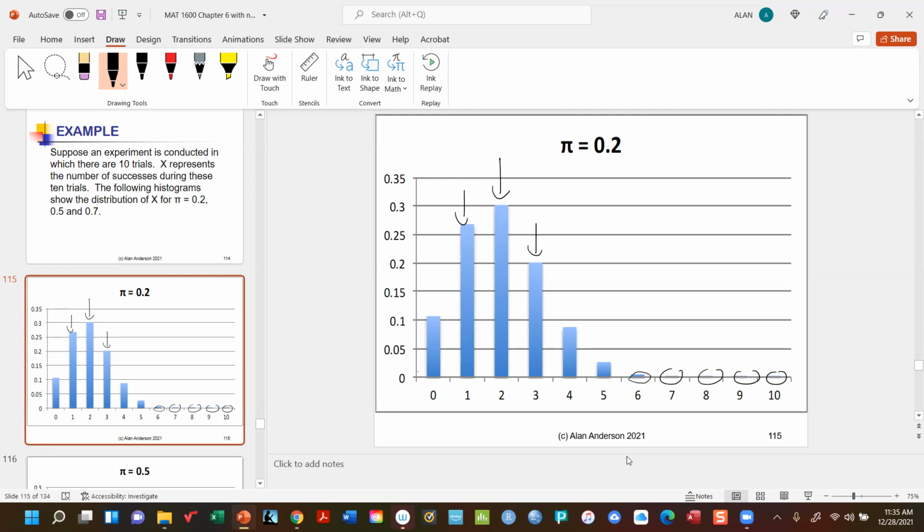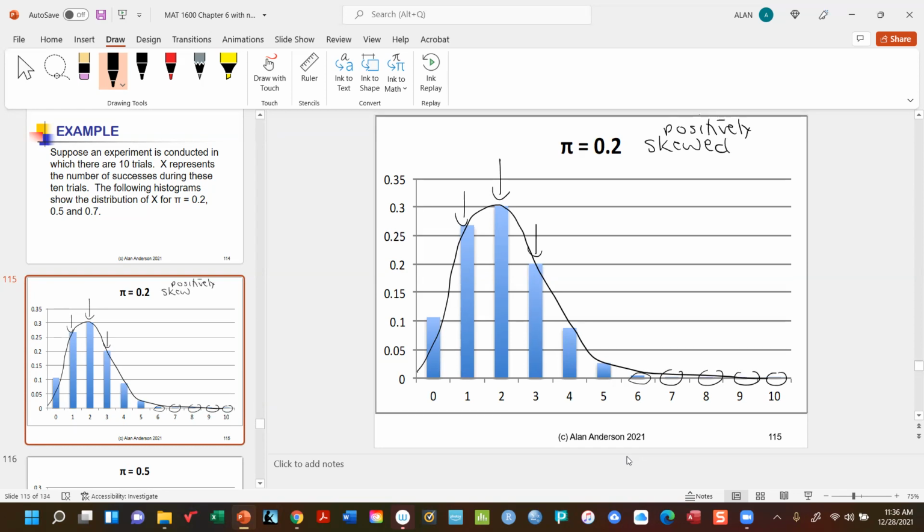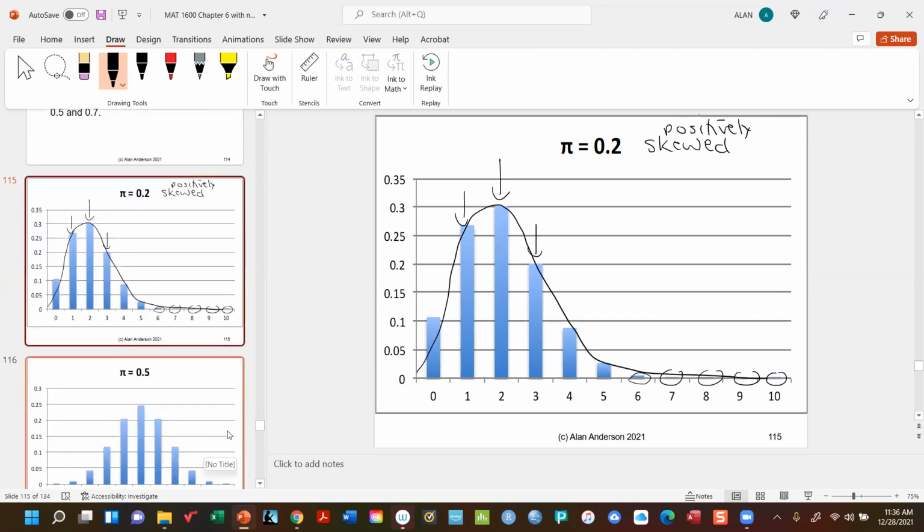So you might recall that earlier on, we described this type of distribution as being skewed to the right, or positively skewed. Now, if we switch that probability to 0.5, let's see what happens.